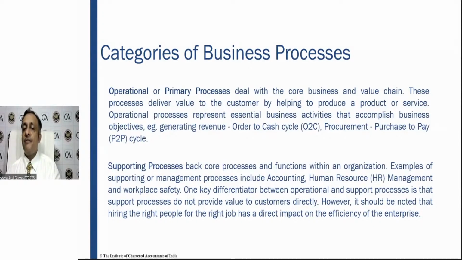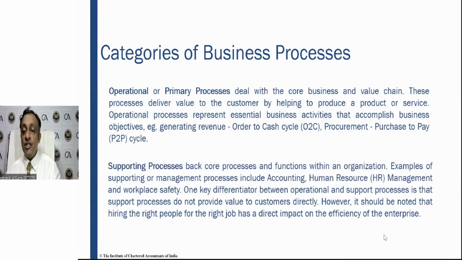Operational and primary processes deal with the core business, the value chain. These processes deliver value to the customer by helping to produce a product or service. Operational processes represent essential business activities that accomplish business objectives, for example generating revenue, O2C, order to cash, and procurement, purchase to pay. Then supporting processes are back-core processes, functions within an organization, for example HR.